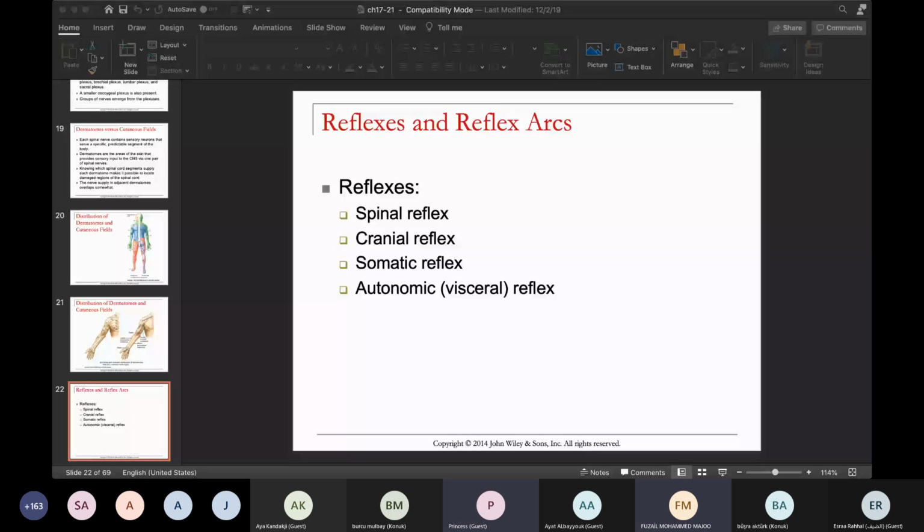Hande Nur Turan. Haneen Ramdanolu. Haneen Abbazid. I'm here. How about Haneen Ramdanolu? Absent. Haneen Al Muhammad. Absent.